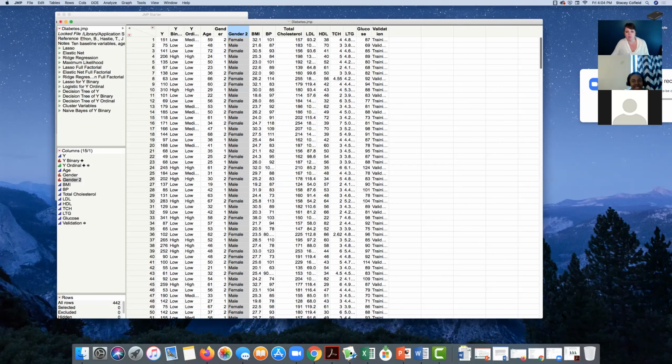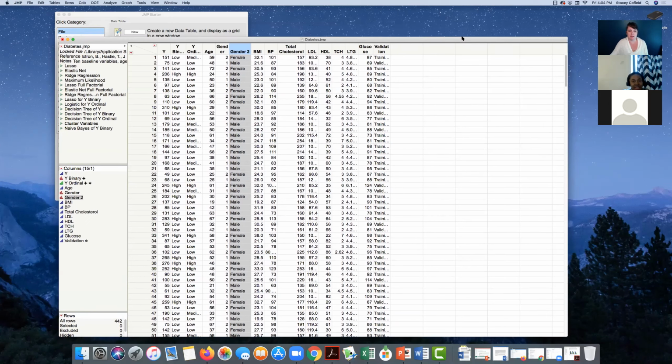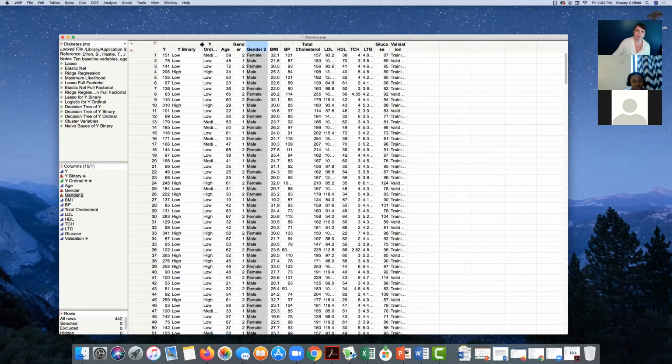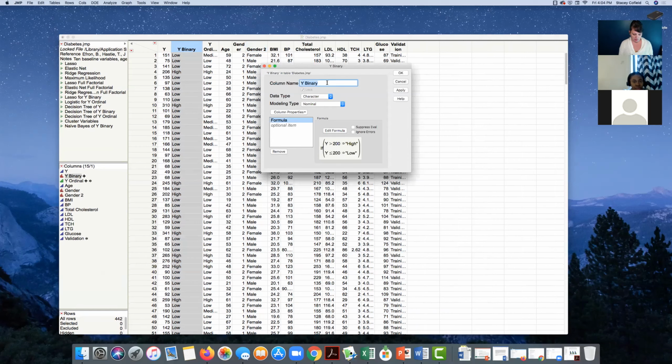Okay, so you can see this data set. This is not a data set that you have. It's just a generic data set on diabetes. And so with this particular data set, I have a variable here that's poorly named called Y binary, and I'm actually going to change it to risk of diabetes.